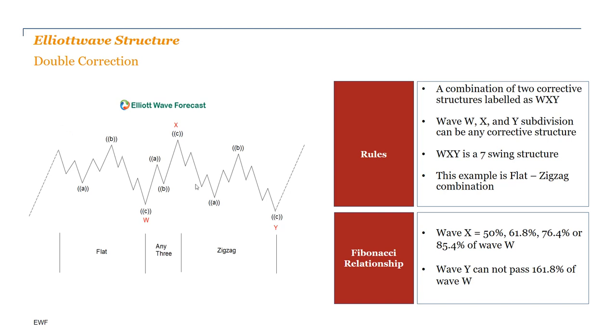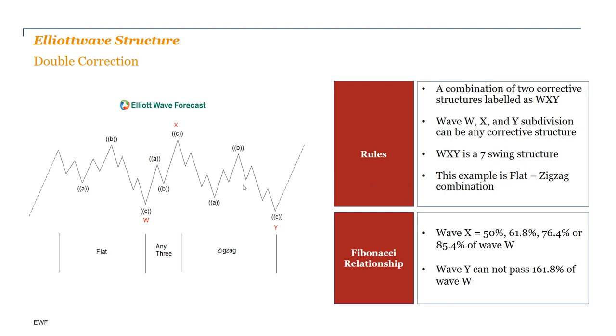So the trend in this particular structure is to the downside because it has a lower low. So when the trend is lower, you will count any corrective price action as a 1 count. So it is a 7-swing based on this count right here: 1, 2, 3, 4, again because it is corrective, 5, 6, 7. So that's a 7-swing structure.